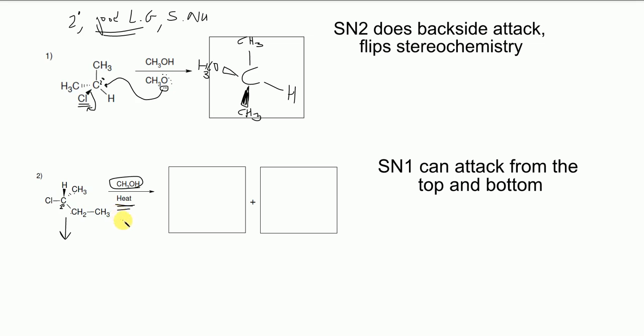SN1 is slow, so heat helps make it go faster, and the leaving group leaves, okay? So what we have is this carbon with a positive charge, right? I have another carbon over here, and I have this CH2, CH3 group, okay?